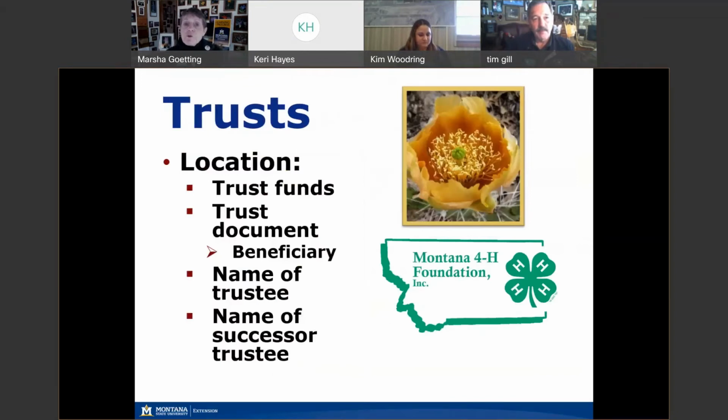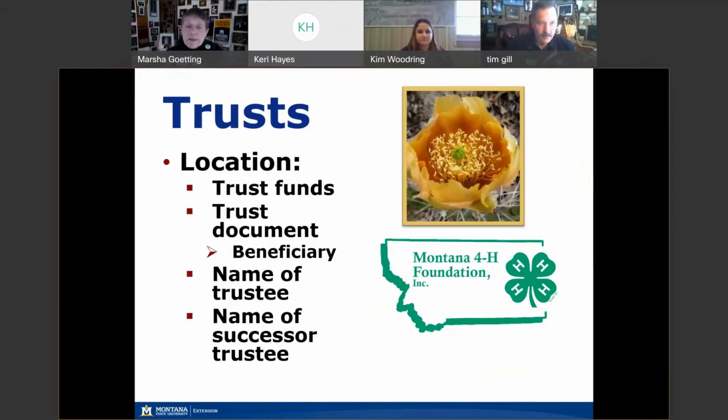And then if you have trusts, there's individuals out there that have revocable living trusts. And there are some that have, or they're going to have, testamentary trusts. That means that's one they're going to establish when they're deceased, but they may have opened up an account, so all that stuff goes in there.